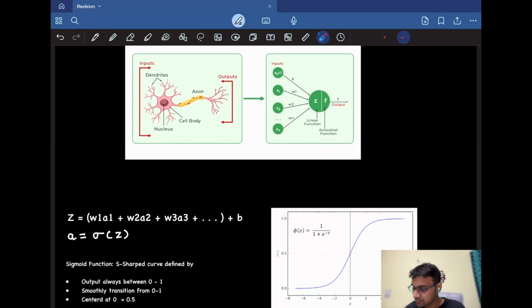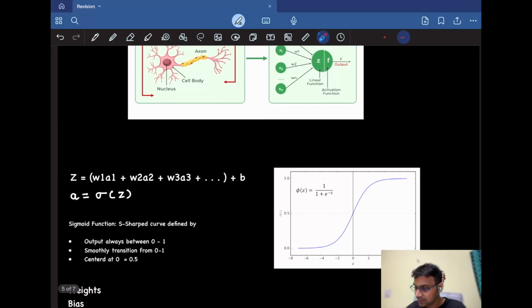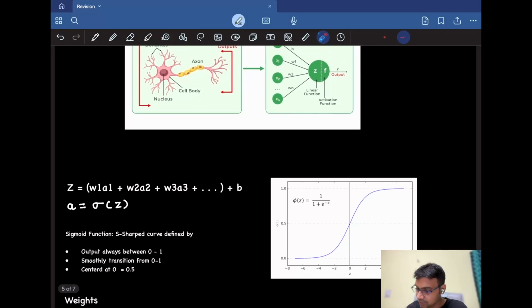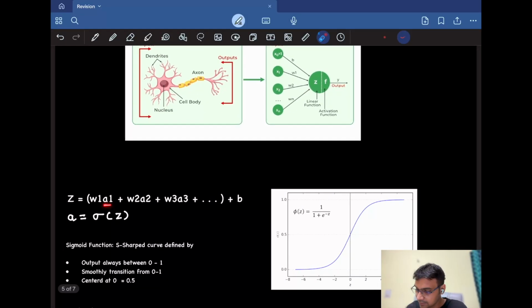Now the next part is how the value of this neuron is determined. It is the sum of all the activations multiplied by the influence, which is basically a weight. Activation is the value of the previous neuron.